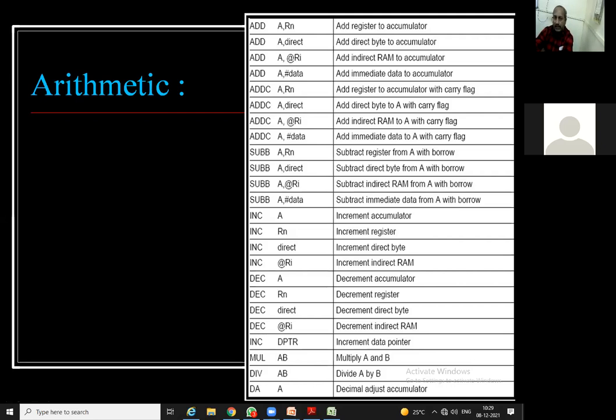A stands for accumulator. That is the centralized 8-bit register of this 8051 with which all these operations are going to happen. So it may be addition, subtraction, multiplication, or division itself. In front of you are all the instructions.